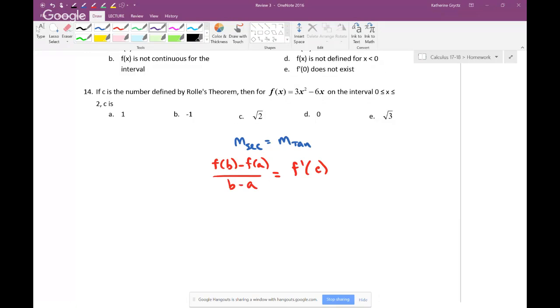Oh, yeah. Okay, gotcha. So your top is 0. Yeah.